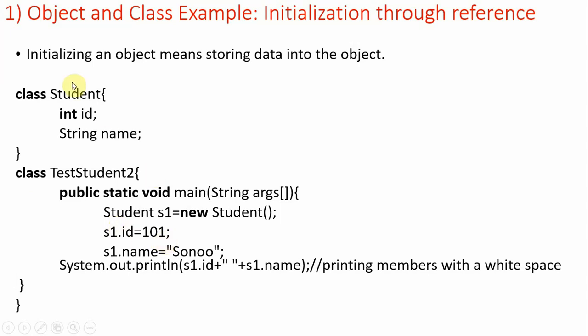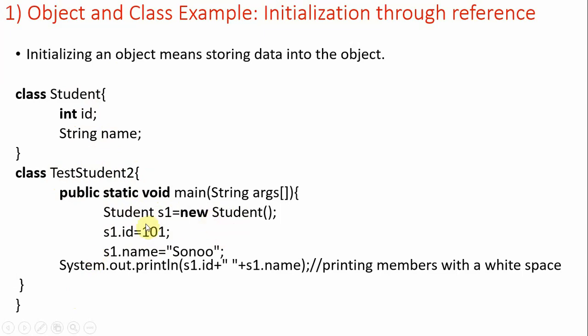Okay, class Student, and class TestStudent, we have two classes. In TestStudent we have a public static void main, so we have to save this file with this name. It has instance variables, and then Student s1.